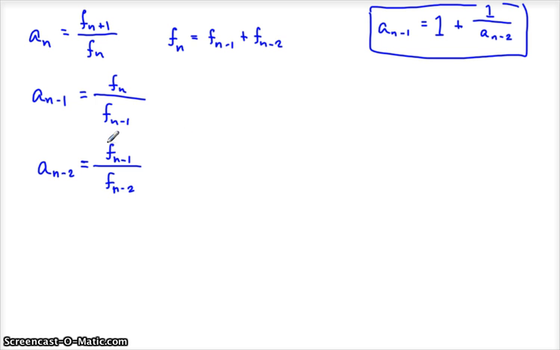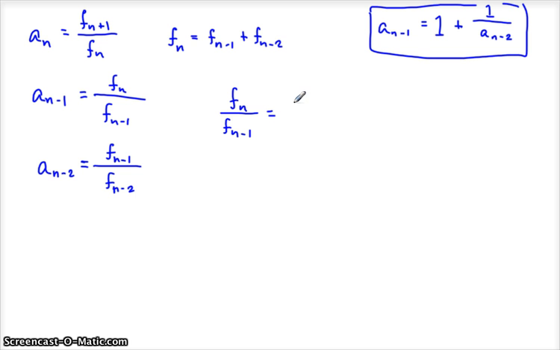So let's go ahead and take this information along with our definition of f sub n to see if we can get this. So if we start with a sub n, we have f sub n over f sub n minus 1. Now we have a definition for f sub n here, and in fact, we're going to just substitute that in.